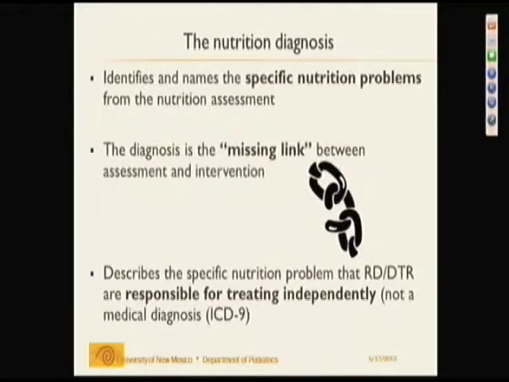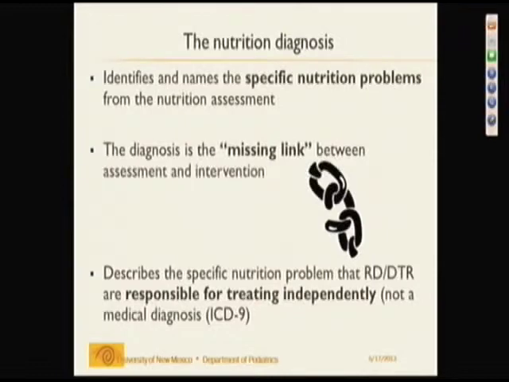It's supposed to be a very specific nutrition problem, and it relates very specifically to the nutrition assessment. This diagnosis is the missing link between the assessment and the intervention. And if we are using very specific terminology, then it describes the specific nutrition problem that the nutrition professional is responsible for treating independently.